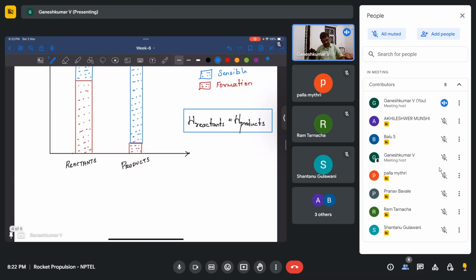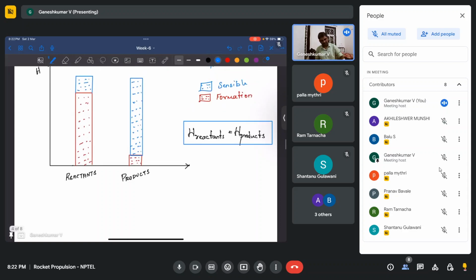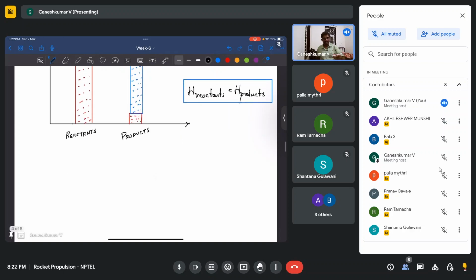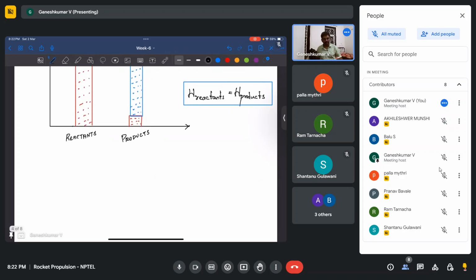So that is why, when you try to find out the temperature, if this is the case, then the product should be at a higher temperature, right? Product should be at a higher temperature. That temperature is what we call the adiabatic flame temperature.